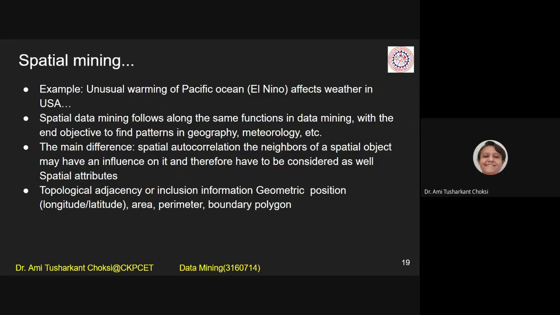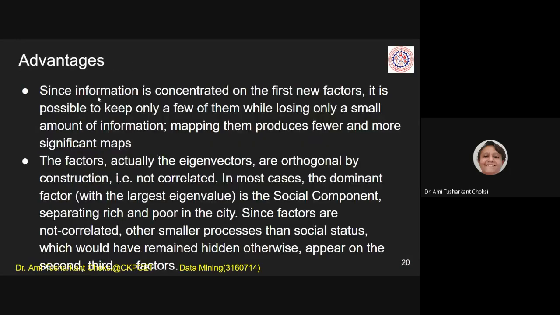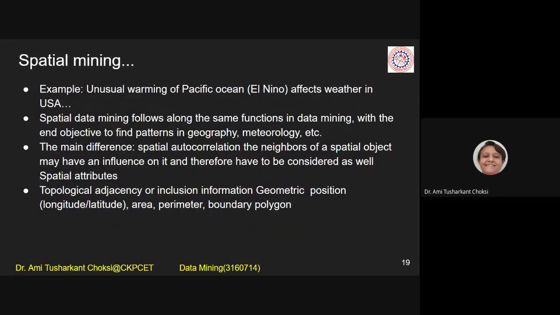Now, say for example, unusual warming of the Pacific Ocean affects weather in the USA. Unusual warming. Say in the Pacific Ocean some area is getting hot. Whatever warming happens because of the sun is a normal thing.